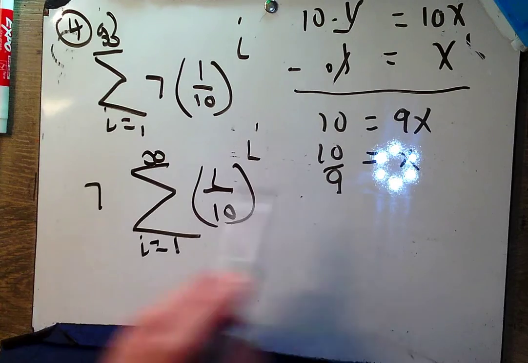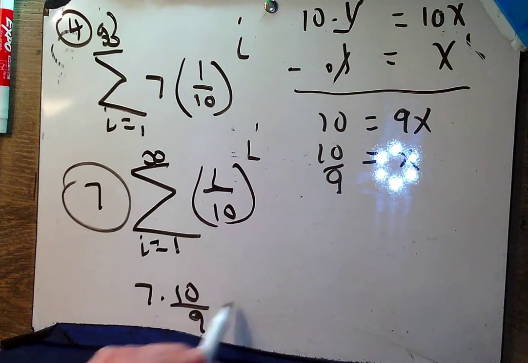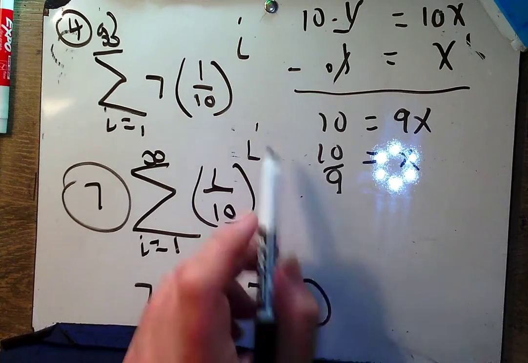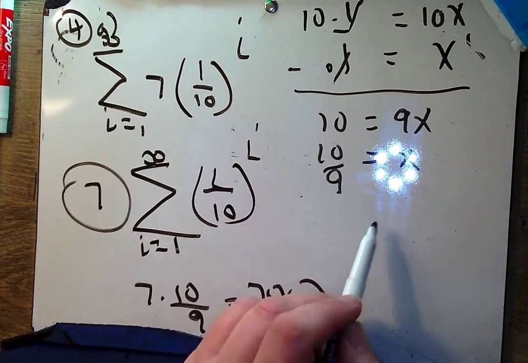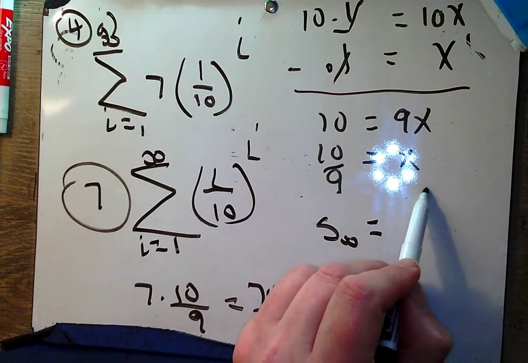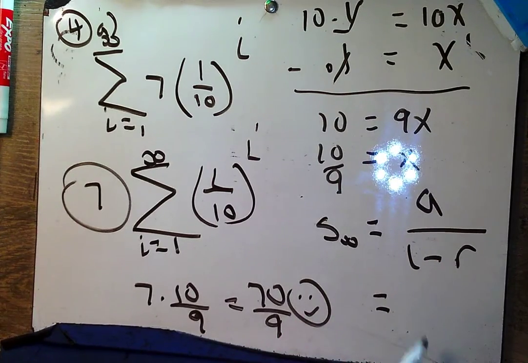So the sum is 10/9, but don't forget we've got this 7 times 10/9, or 70/9. Here's my answer. But let's go back again and say, hey, don't we have this infinite sum formula, which has that initial amount over 1 minus r.